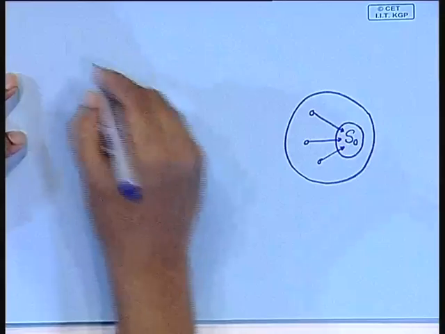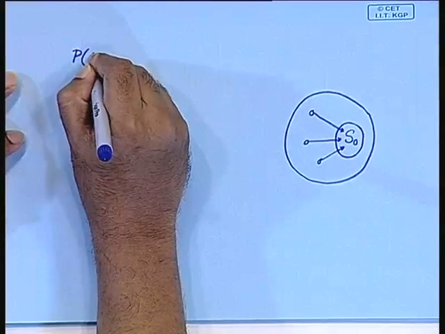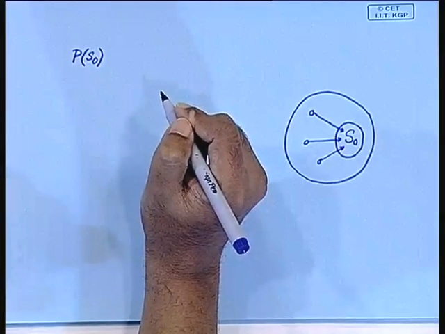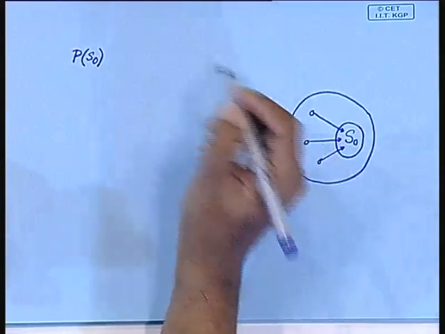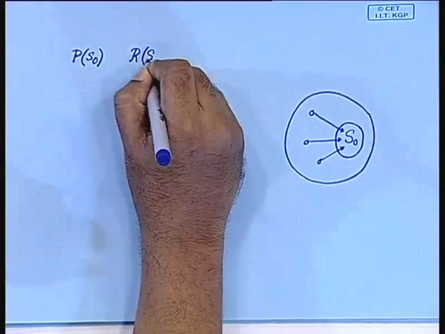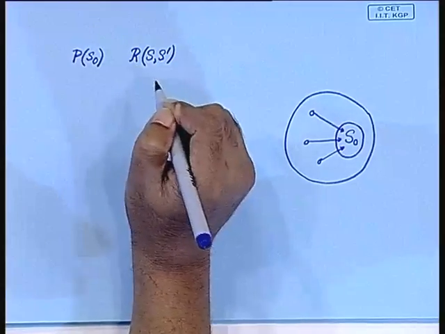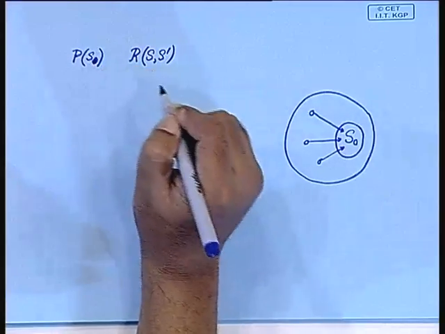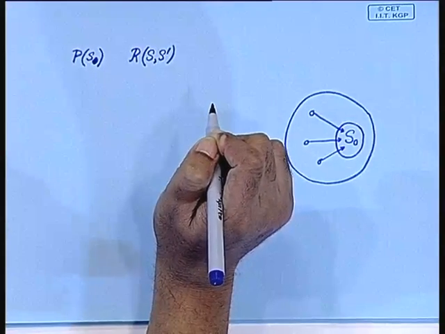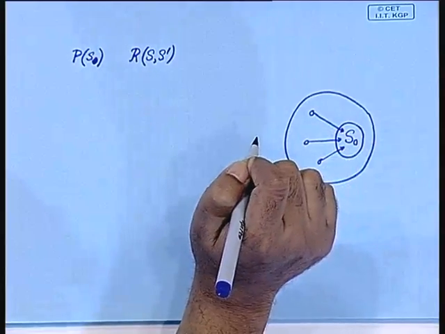So, I am given P of S0. This is the function representing the set of states in S0, and I am given the transition relation R S S dash. So, I want to compute the predecessor states.